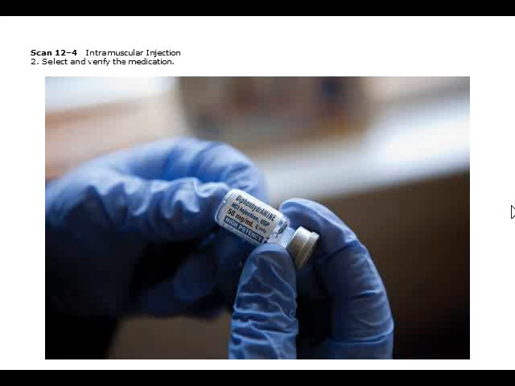One more word on equipment before we go to this next slide here. Typically when we're talking about an intramuscular injection, we can use a little bit more medication. Usually we try not to exceed 1 milliliter unless we're going into the gluteus maximus, which is the butt.